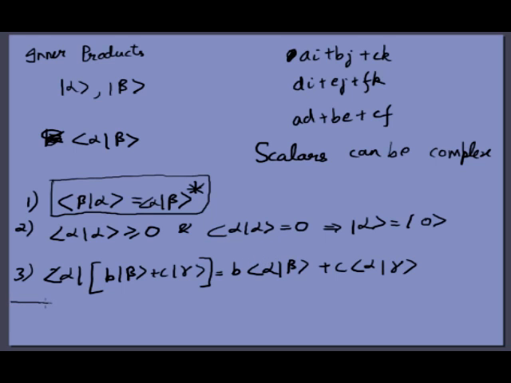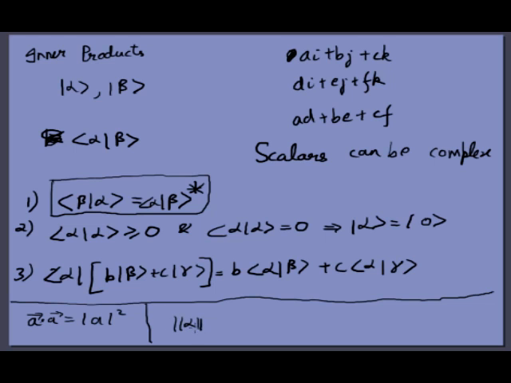And we'll do a little bit more generalization from the familiar notion of dot products. We know that A dot A is mod A squared. And we would like to generalize this mod A, which in the previous definition of vectors was the magnitude of a vector, but in this case it is referred to as the norm of the vector, written with two lines. And the norm of any vector alpha is simply the root of the inner product of alpha with itself.